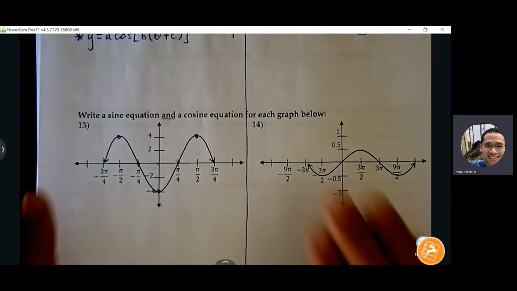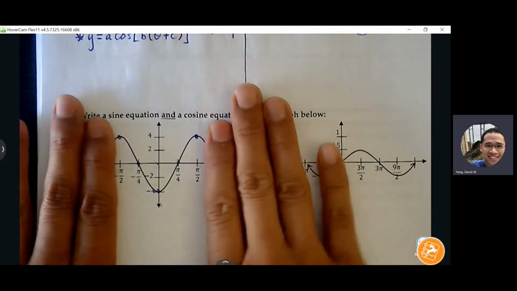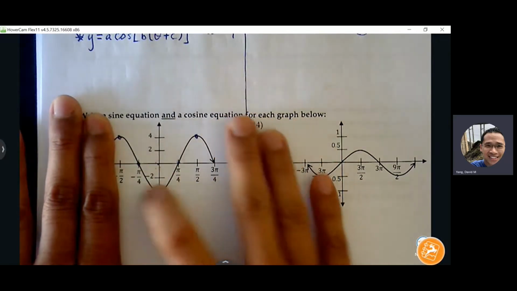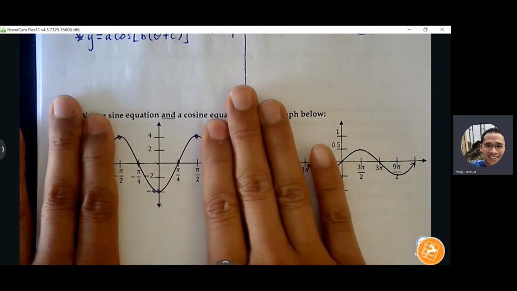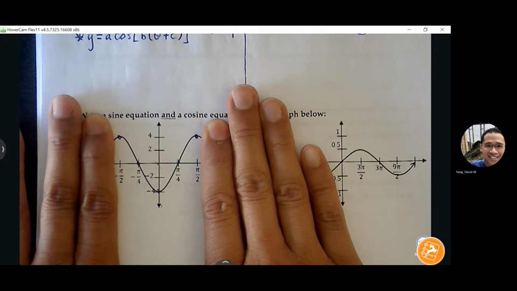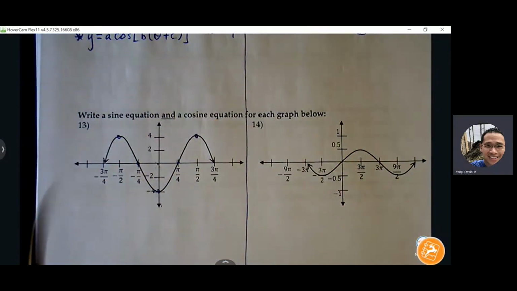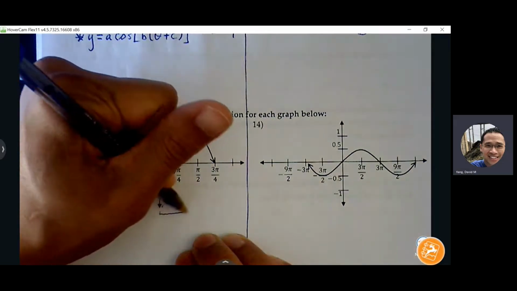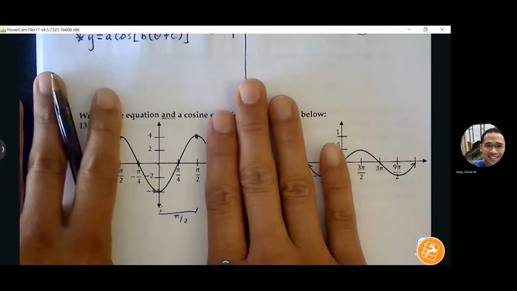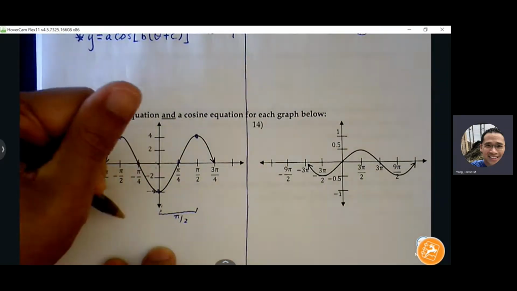The period is looking at from cycle to cycle here. From -π/2 to π/2, we see that we go from peak to peak. That's one cycle. What is the length of that cycle? So let's look at this here. This is π/2, right? This is also what? π/2.